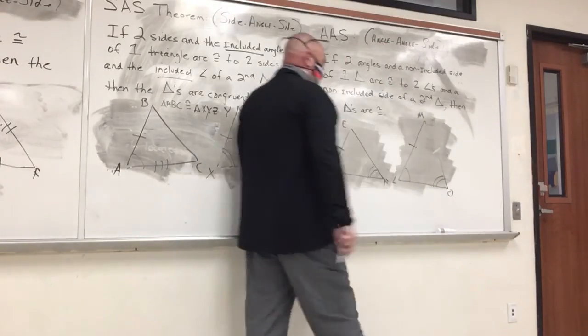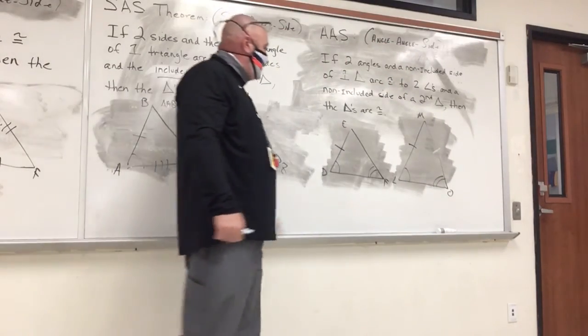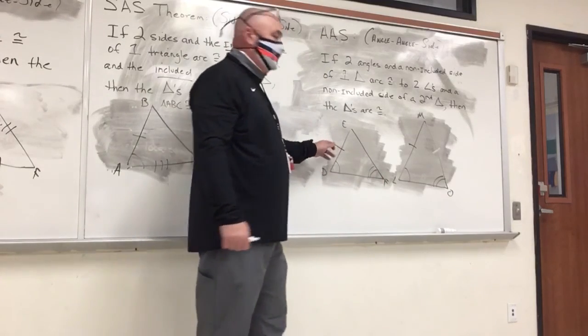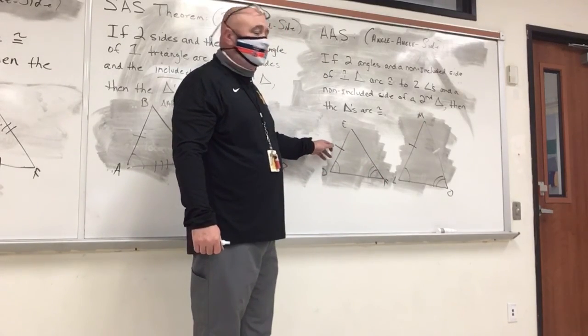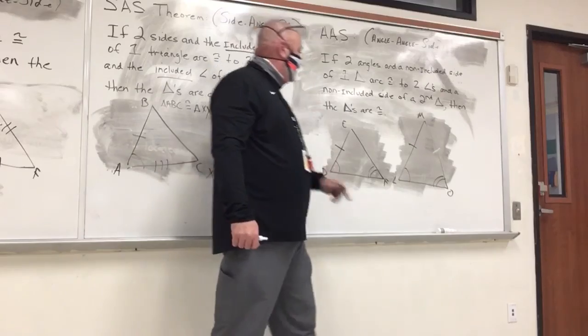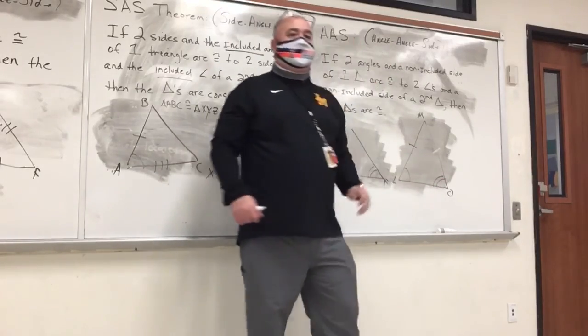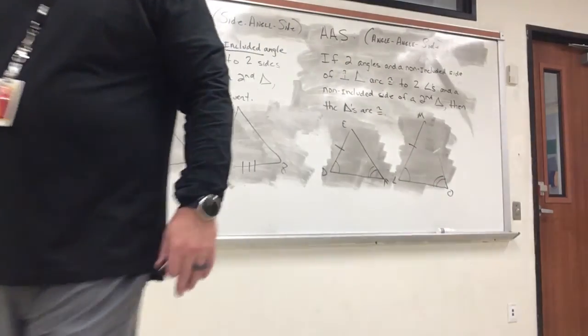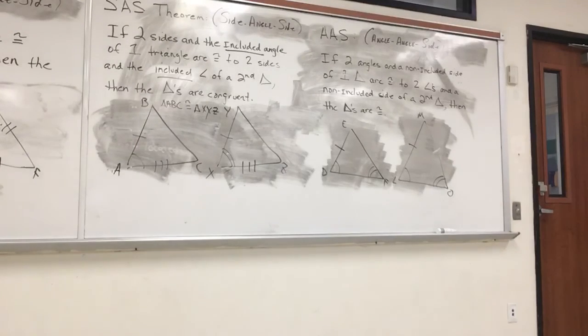Mark that side right there. So I have two angles and a non-included side in one triangle, and two angles and a non-included side in a second triangle. Therefore, those two triangles are congruent by AAS.